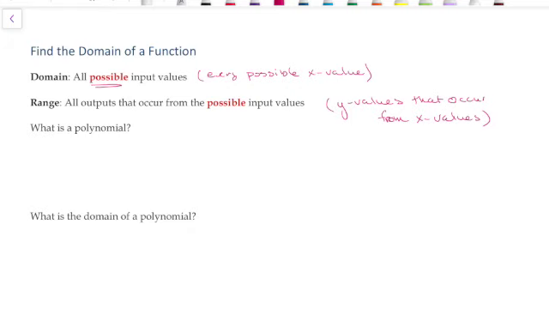In other words, the y values that occur from the x values. All right, so what is a polynomial? A polynomial, if you're looking at the graph, is a constant, uninterrupted, curvy line, or straight. It can be a straight line, which is just something like that. But it can also be that, and it can be, oops, not that.